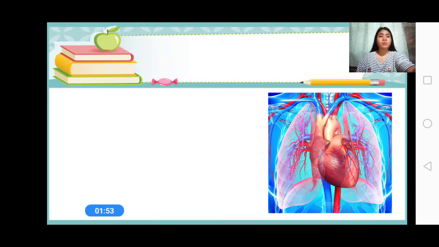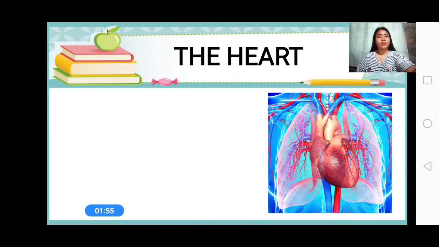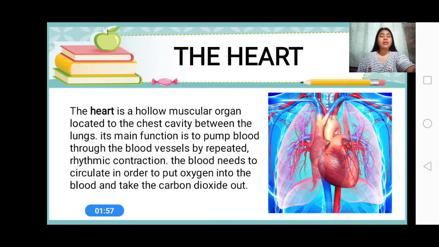So first, we have the heart. Okay, so remember that the heart is a hollow muscular organ located in the chest cavity between the lungs. Its main function is to pump blood through the blood vessels by repeated rhythmic contraction.